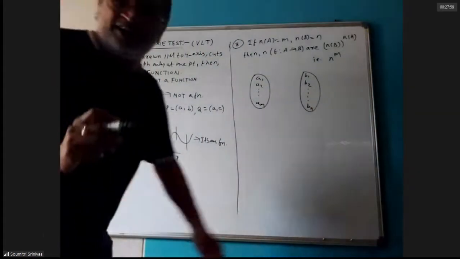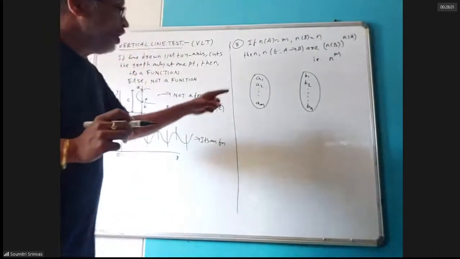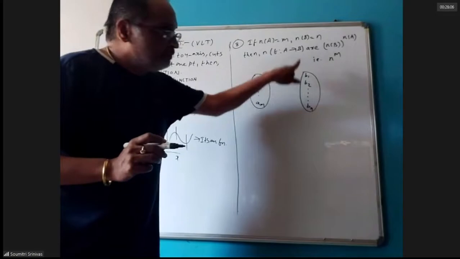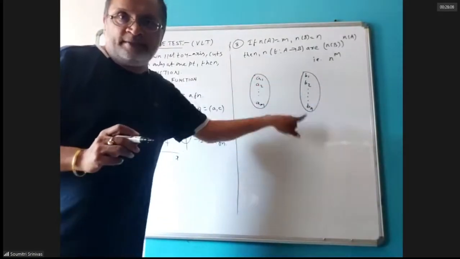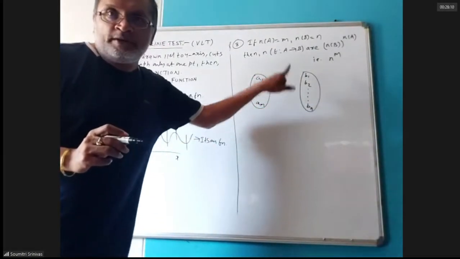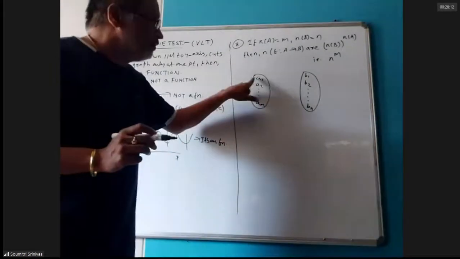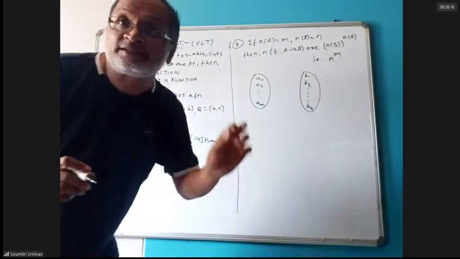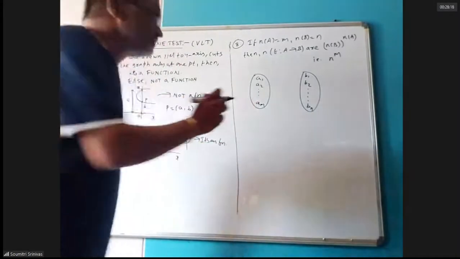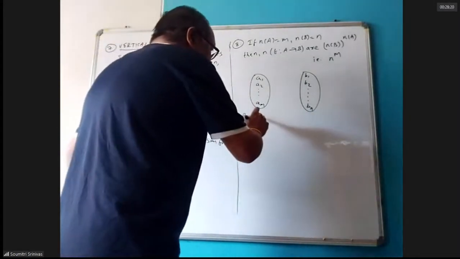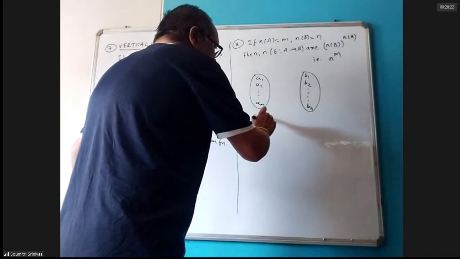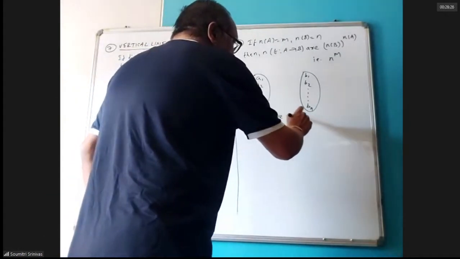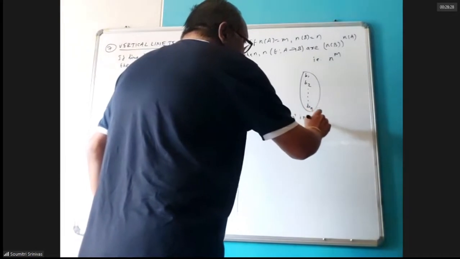Logically, it is very simple. How many images can A1 have? n images.